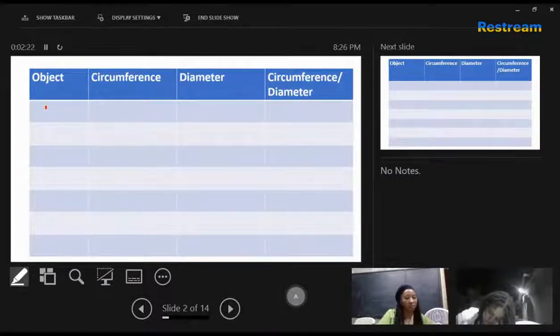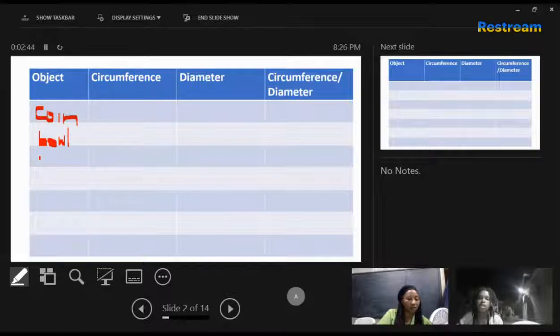All right, so I have a bowl, a cup, a coin, a cap, and a tissue roll.